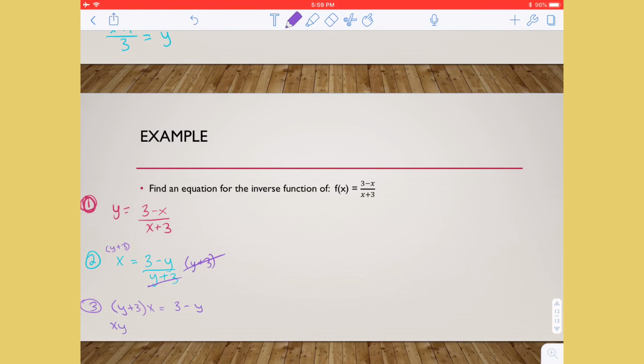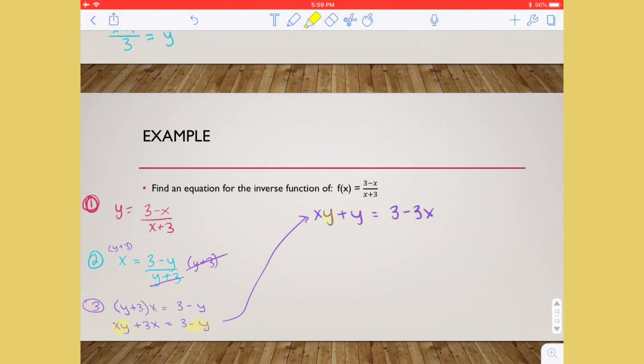And I'll go ahead and simplify. And I want to get everything that has a y on one side. So this has a y and this has a y. So I want those on one side and everything else on the other. So I'll keep the xy and I'll add the y to the other side. I'll keep the 3 and I'll subtract the 3x. And then I want to isolate y.